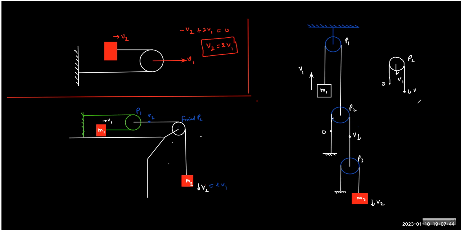So here V will grow or shrink? V will grow, so you can add plus V. And what will V1 do? It will shrink at twice its rate, right?